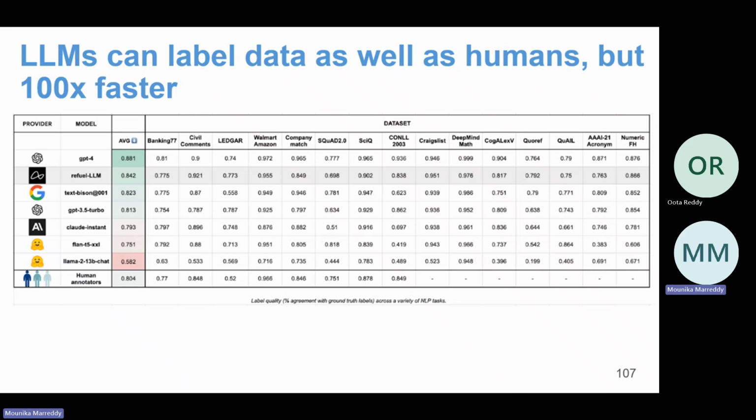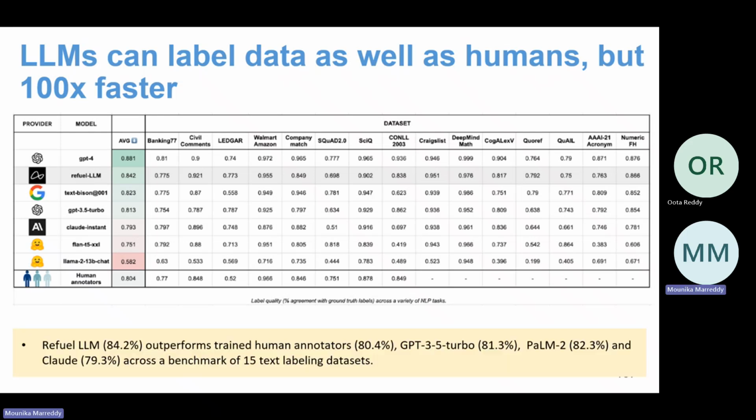Here they considered 15 such NLP tasks and verified with respect to human annotators and also with the recent LLMs. You can clearly see that Refuel LLM outperforms trained human annotators, GPT 3.5 Turbo, PaLM, and Claude across a benchmark of 15 text label datasets.